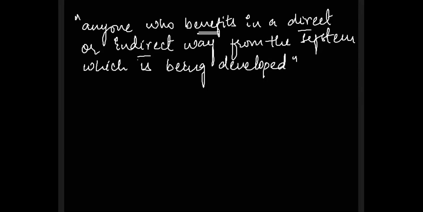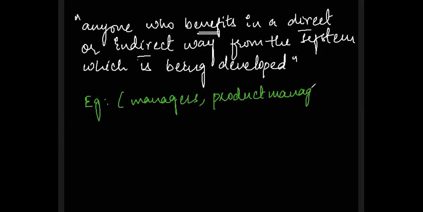Now, what are the different examples for stakeholders? Examples for the different stakeholders: it can be managers, the product manager. You're going to have different managers, a person that is going to manage the product and the manager that is going to manage the entire development of the software. Then you've got the marketing people or the marketing department.